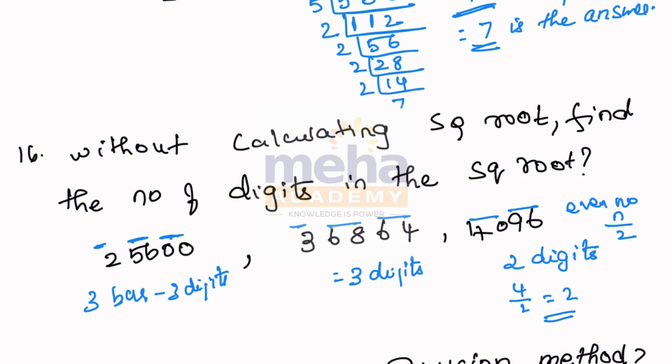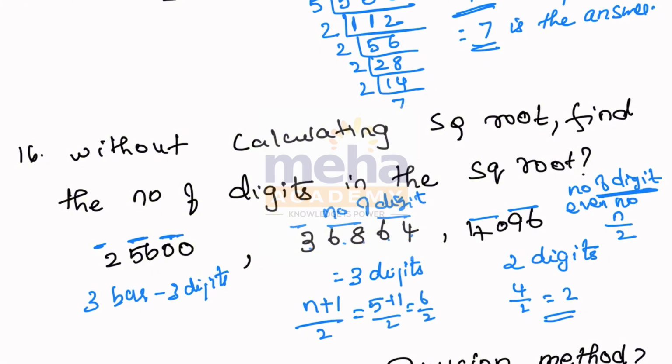If the number of digits is 3, it is an odd number. So this is the number of digits. If the number of digits is even, it is n by 2. If the number of digits is odd, it is (n plus 1) by 2. That would be 1, 2, 3, 4, 5. 5 plus 1 is 6, 6 by 2 is 3.